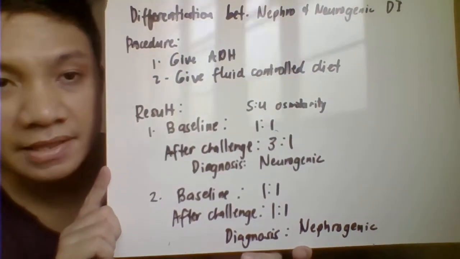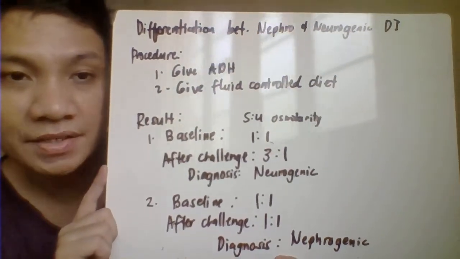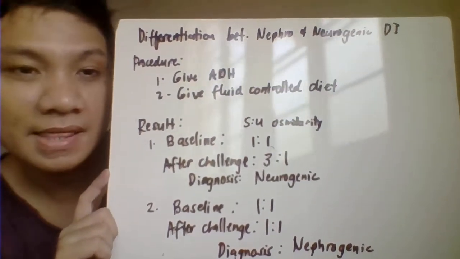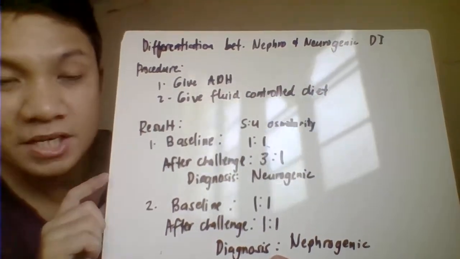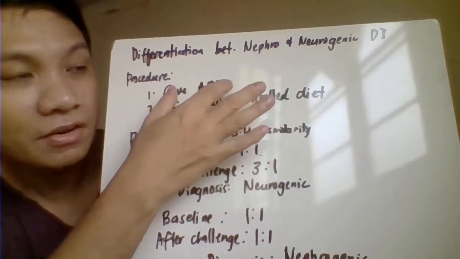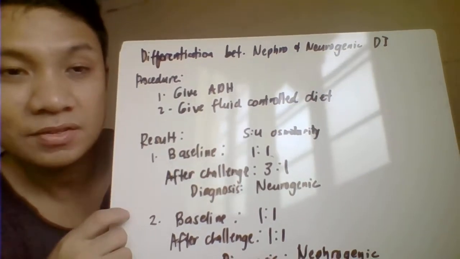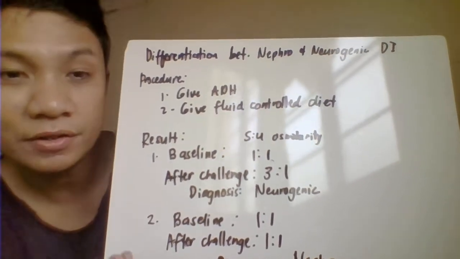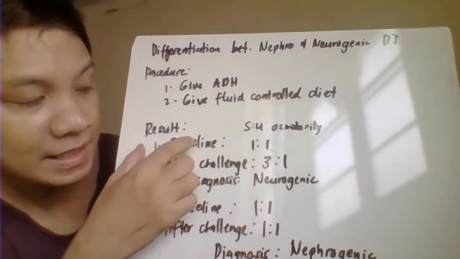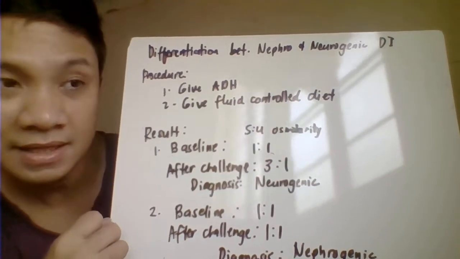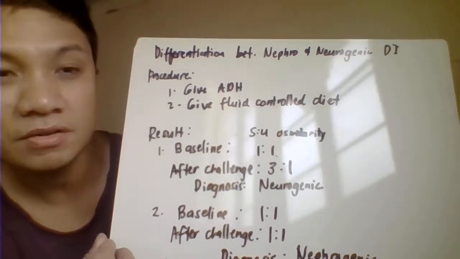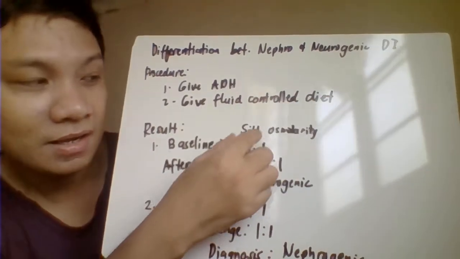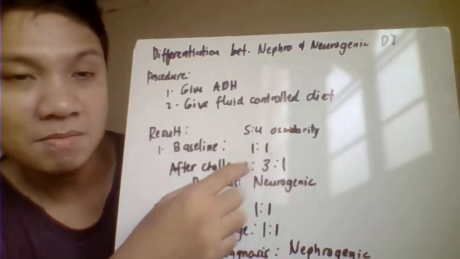Okay, then we have the test for us to differentiate if the condition of the patient is nephrogenic or neurogenic. So you just need to challenge the patient by giving antidiuretic hormone, and then you also give a fluid control diet. So basically, for example, the baseline before the challenge, you try to measure the serum urine osmolarity of the patient.